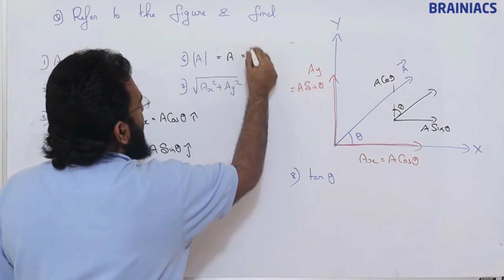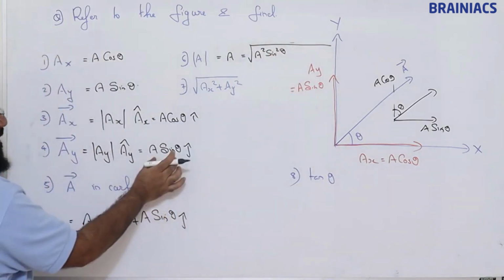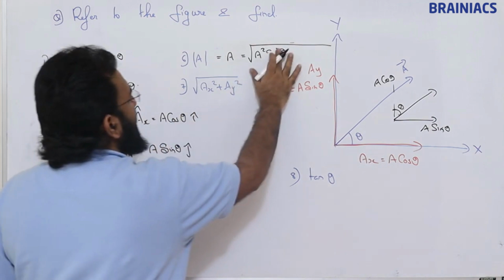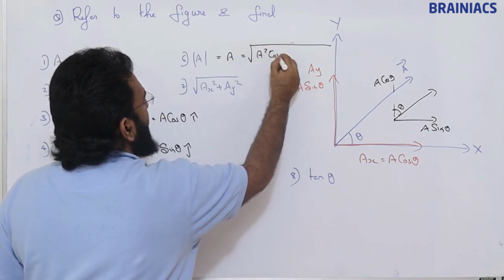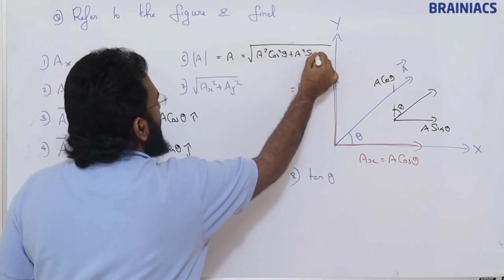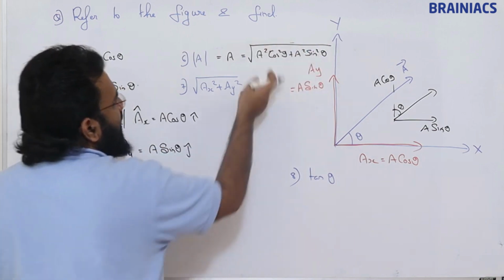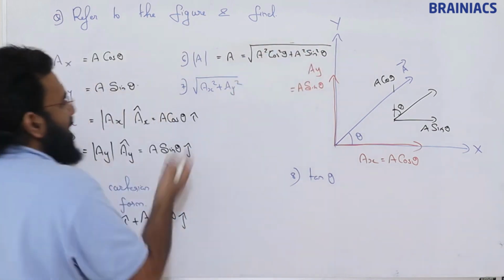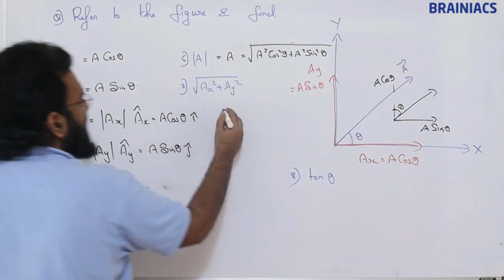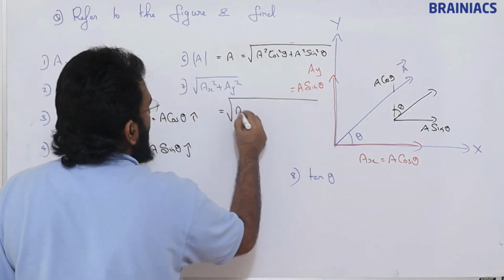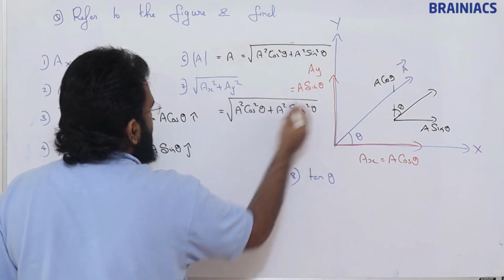If we need to understand how it comes, it is root of a square cos square theta plus a square sin square theta.